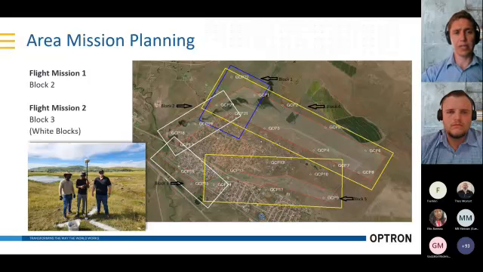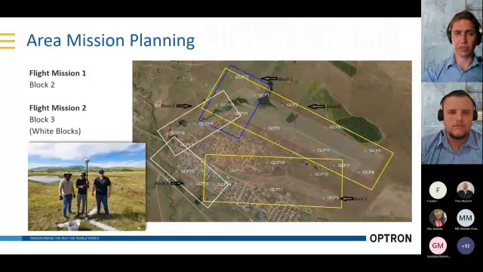We're going to focus on the white blocks in this webinar. That is where we used the DJI Mavic 3 Enterprise drone. As you can see there, we identified where we wanted to place the ground control points. This was shared with Regeomatics, and they went out and staked these positions out.